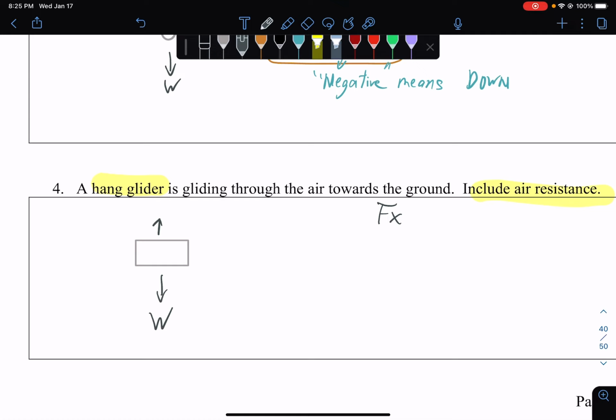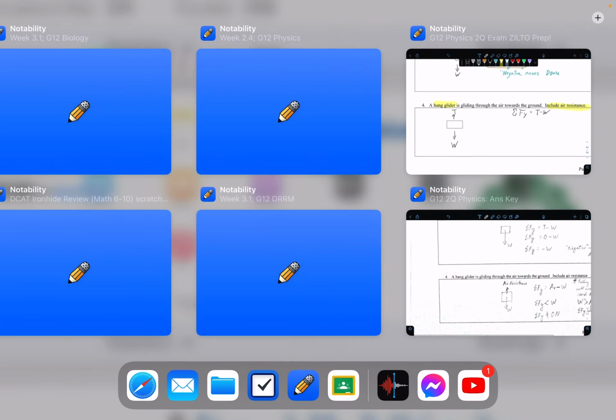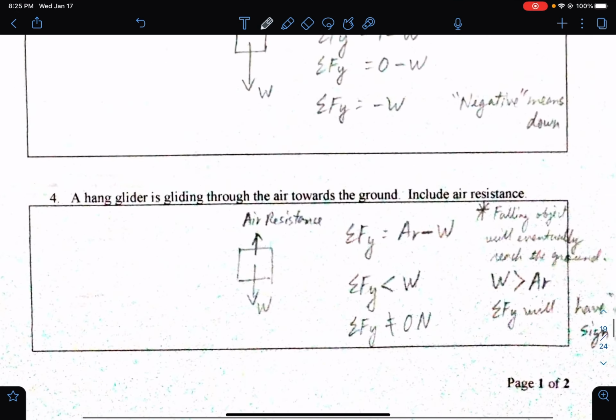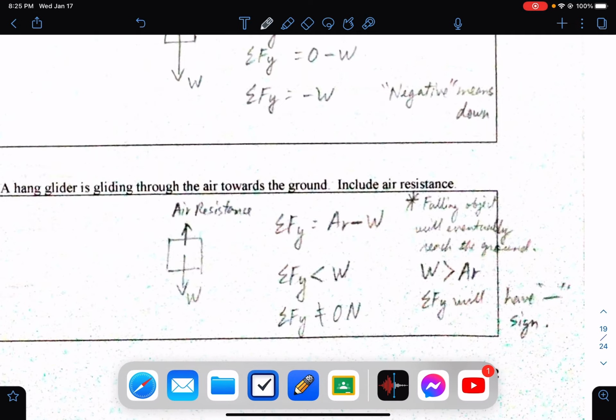Compare its rate of falling with a hang glider. So there is some sort of T. So summation of Fy is equal to T minus W. Well, we don't write it as T, we write it as AR.